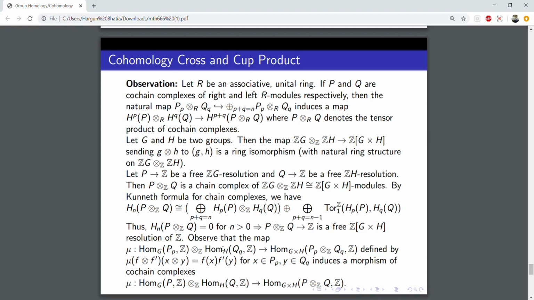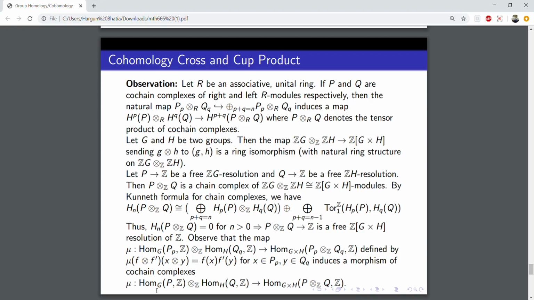Take any f here, take any f prime here, that is f tensor f prime, and send it to a map which I call mu of f tensor f prime, and this takes any element of P_p tensor Q_q, let's say x tensor y, and defines it to be f of x times f prime of y.